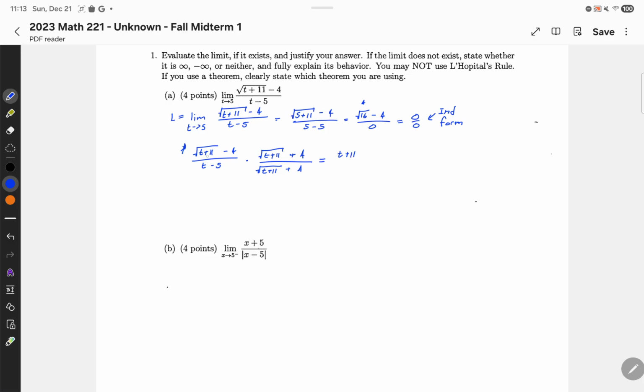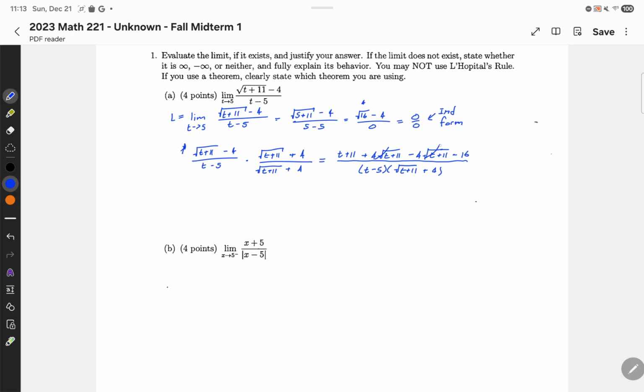Now the square root of t plus 11 times 4 is going to be plus 4 square root t plus 11. Now we're on to this second term. We have minus 4 square root t plus 11. And then we subtract 16 at the very end. On the bottom, we're going to be left with t minus 5 times the square root of t plus 11 plus 4, just like that.